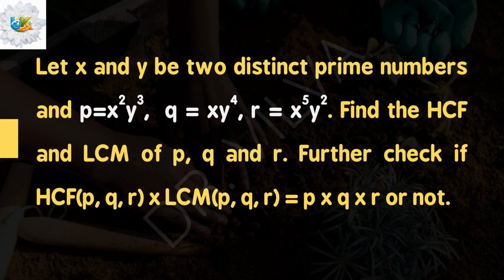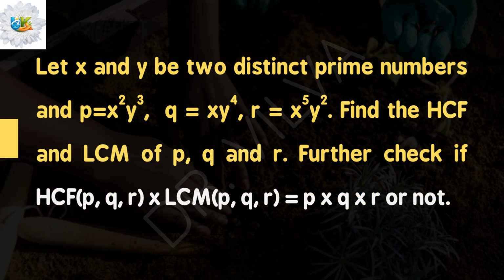We are given 3 expressions P, Q and R, which are expressed in terms of 2 distinct prime numbers X and Y. Our mission is to find their HCF and LCM, which is the direct question.